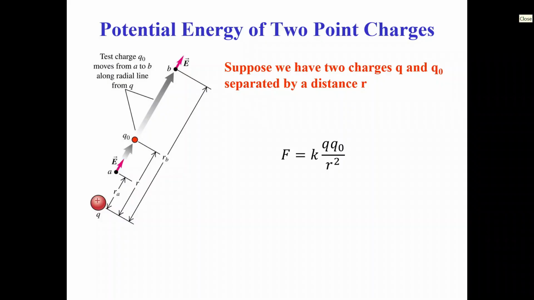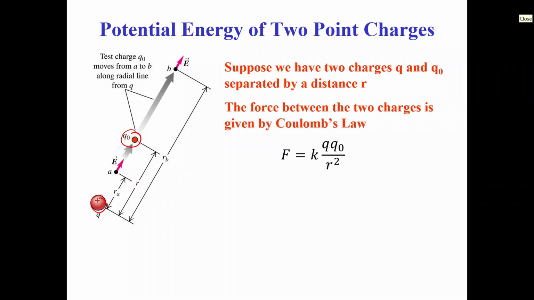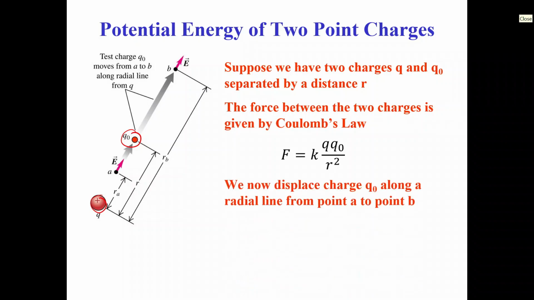Let's assume that we have a test charge Q0 and our source charge Q right here. Really, it doesn't matter which one is the source, but the bigger one they've shown here is our Q. They're separated by a distance of r. So at that one particular instant, there is a force equal to kQQ0 over r squared. The force between the two charges, that's our Coulomb's law.